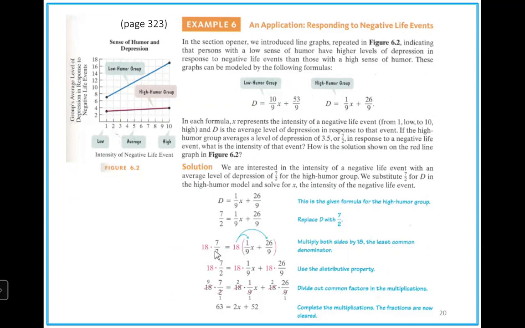When you cancel this out, 2 into 18 is 9. 7 nines are 63. And then 9 into 18 is 2. So 2 times 1 over 9x gives you 2x. 9 into 18 is 2, and 2 times 26 is 52. All right, so when you do all these calculations, this is what you end up with: 63 is equal to 2x plus 52.